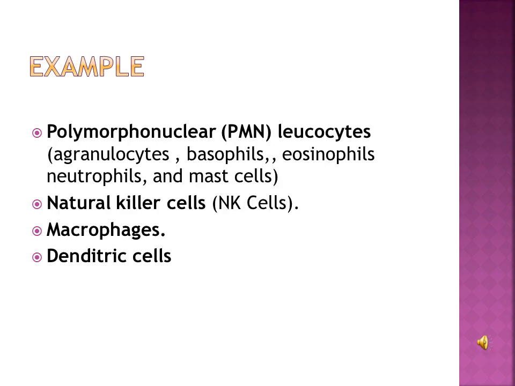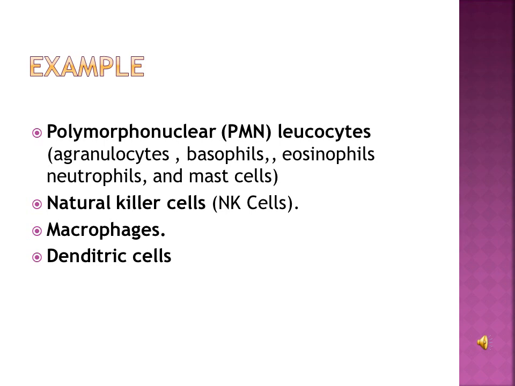Now we will discuss examples of phagocytic cells of the immune system. Many cells are capable of carrying out phagocytosis. Several types of immune cells are particularly specialized in this kind of function. Let's talk about the examples.